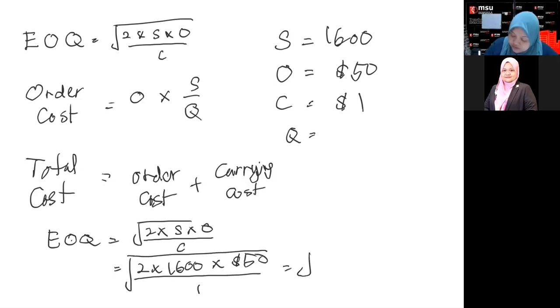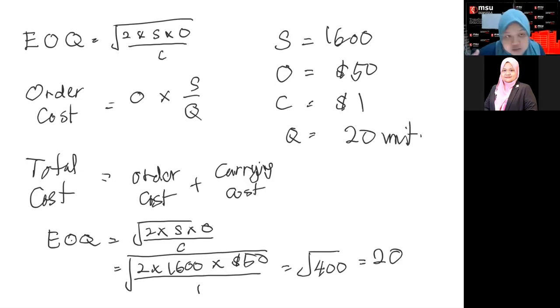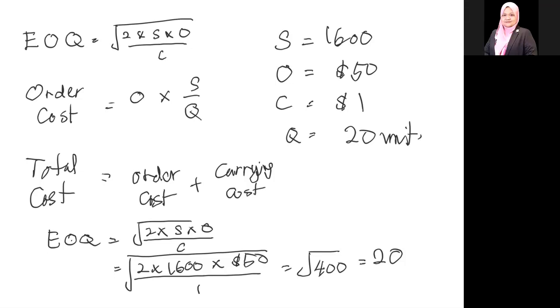The answer is 400, and the square root of 400 is 20. So now the quantity in here is 20 units. So that is the optimized level of quantity to be ordered.